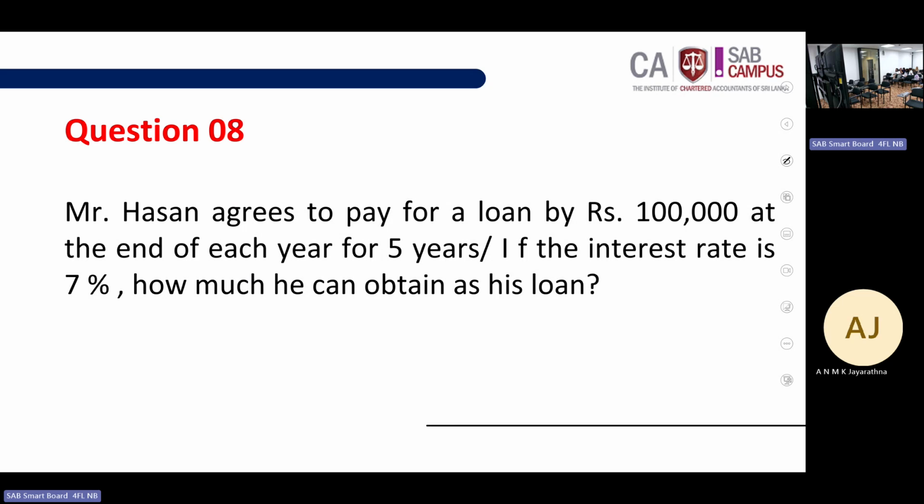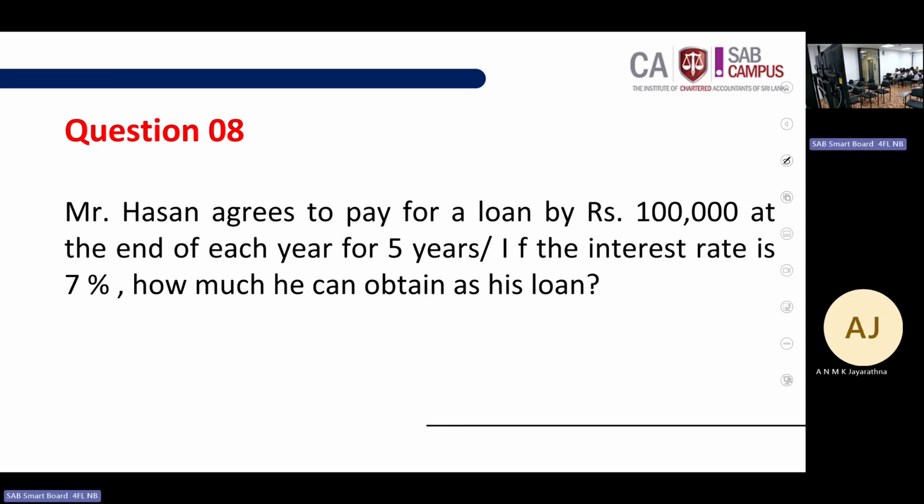If the person has the maximum capacity of paying 100,000 for 1 year during 5 years, the present value of the total of this 100,000 during 5 years is the maximum amount that the bank agrees to pay him. That's the amount. Any additional 1 rupee, the bank can't collect. Right. Okay.